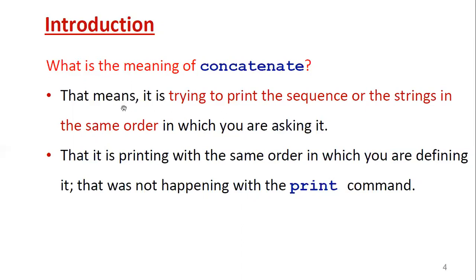That is the meaning of concatenation. That is printing in the same order in which you are defining it. That was not happening with the print command. So to overcome the limitation in the print command, the concatenate function, that is cat, is used here.